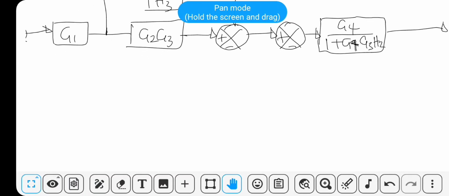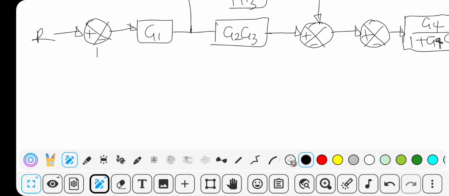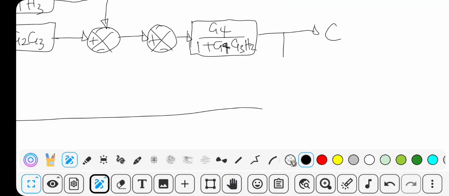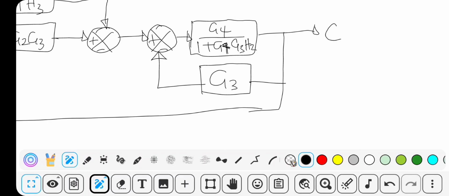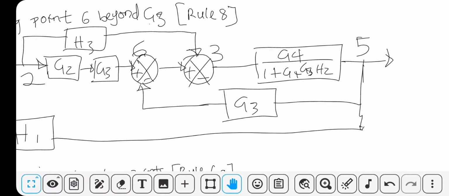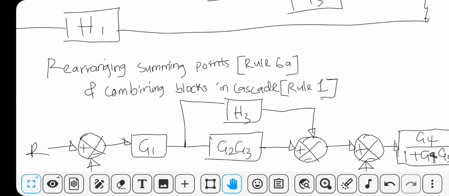C. H1, and the last. So we have successfully done what we wanted to do, moving feed forward. That's what we mean by rearranging summing points.